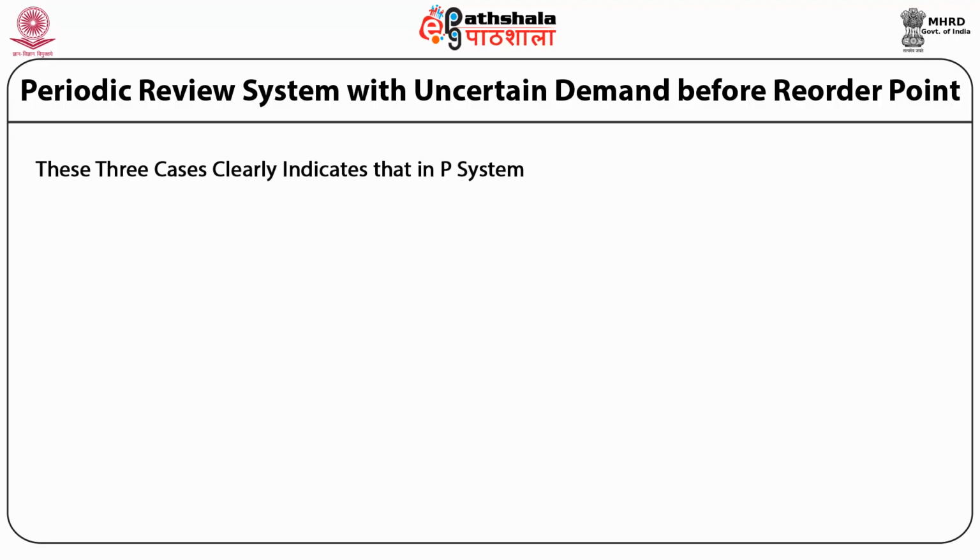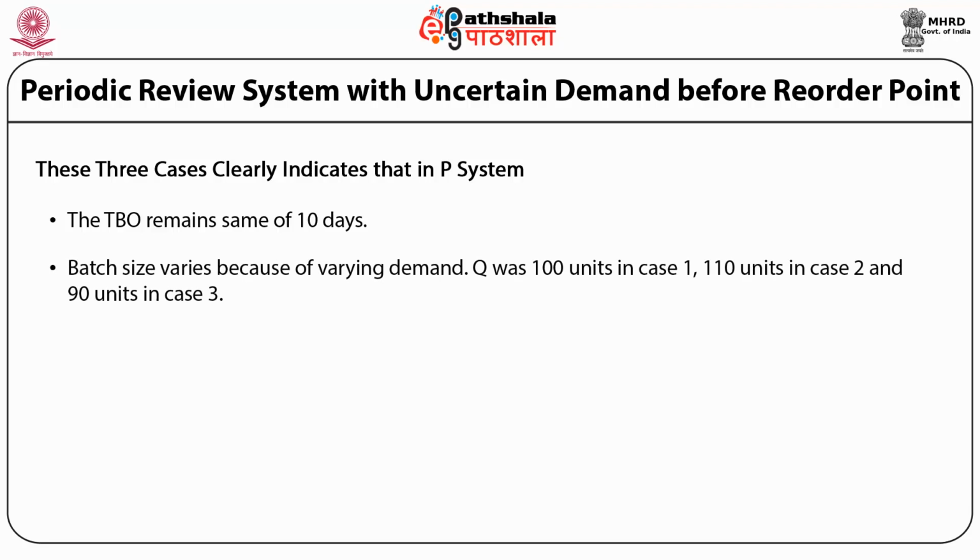These three cases clearly indicate that in the P system the TBO remains the same at 10 days. Batch size varies because of varying demand. Q was 100 units in case 1, 110 units in case 2, and 90 units in case 3.